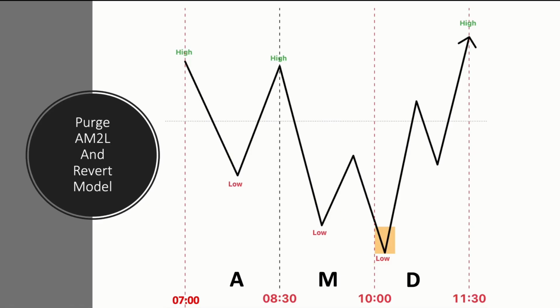And I'm now going to answer a question that some of you might have already been asking yourselves. And that's the following. But Zeus, how do I know which model is going to unfold? First of all, you look at the characteristics of what the cycles are doing thus far. Are they consolidating or are they expanding aggressively?